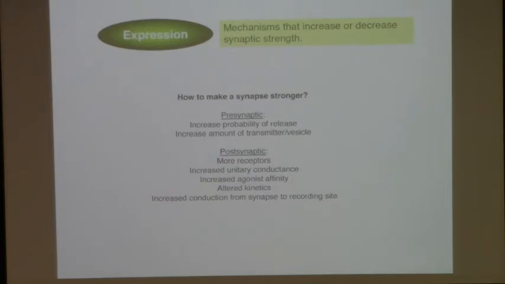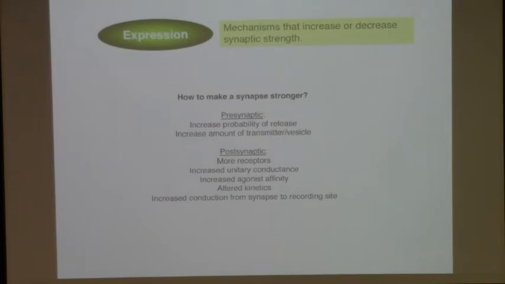I don't know if you are familiar with synaptic transmission, but anytime you get an action potential at the end of the terminal, you don't always release a vesicle. You release with a probability of release, a probability which is not 1. Very often it's very low.